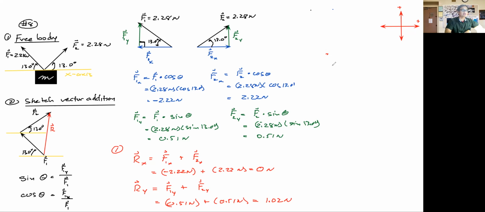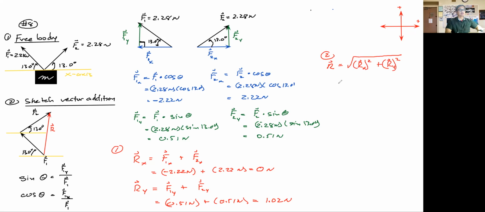To get the length of the resultant vector, we're going to use the Pythagorean theorem, which is the square root of r sub x squared plus r sub y squared. We take these two legs to get the hypotenuse.